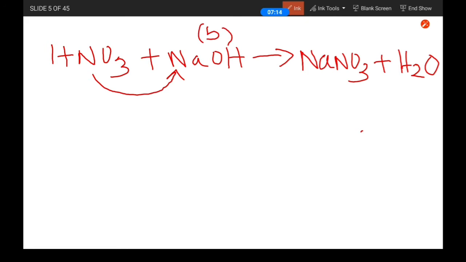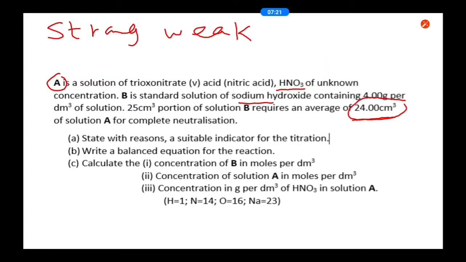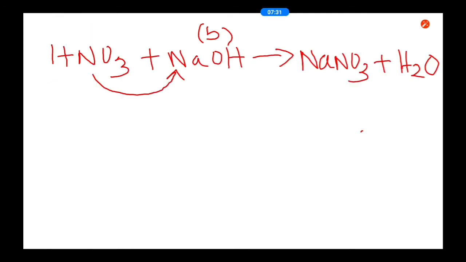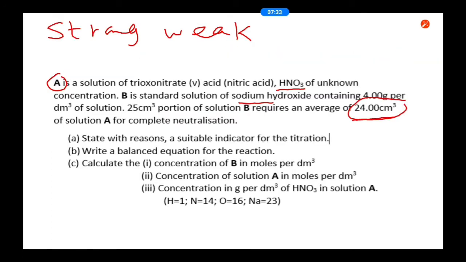Now to the real question. Now let's look at what we are given from the question again. You will notice that we are given the concentration of sodium hydroxide, that is the standard solution, 4 grams per dm cube, that is mass concentration.